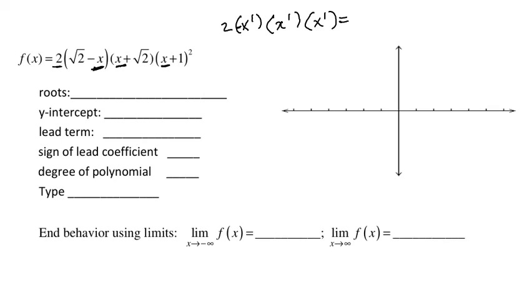So because there are no other numerical factors that we're multiplying here, we're going to have 2. X to the first times x to the first, and let me correct something. This last x actually is being raised to a power of 2. So let's fix that. So x to the first times x to the first times x to the second is x to the fourth. Let's check to make sure the sign is right.